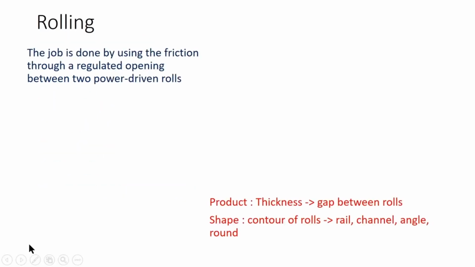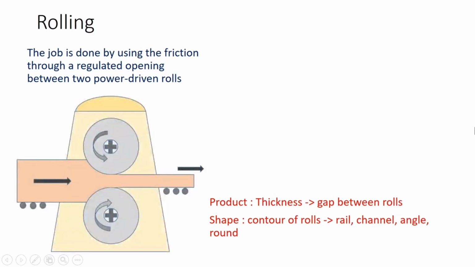Now, let us look at the first process, that is the rolling process. In the rolling process, we have a set of rolls, roll 1 and roll 2. These two rolls are power driven rolls, and we maintain a constant gap between them. These two rolls rotate simultaneously, but their directions of rotation are opposite.